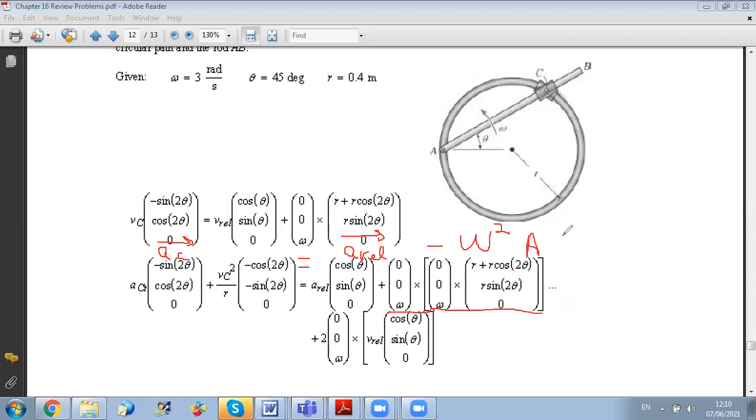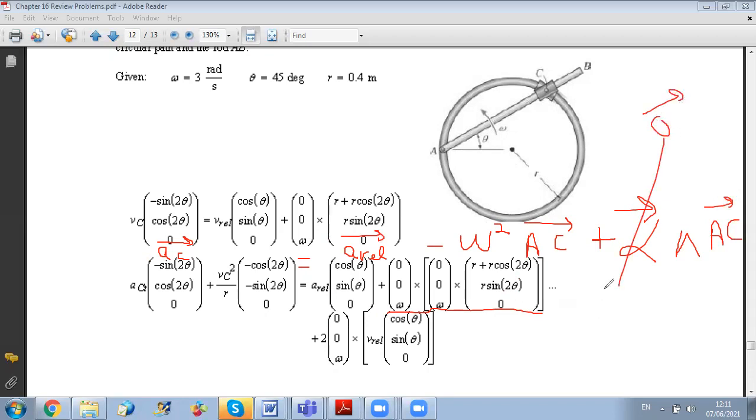It will give you the same result. Okay? And you have also plus here, they didn't put all the terms. I will put them for you. They plus alpha vectorial AC. But here in our case, okay, alpha vectorial AC is 0. Why? Because the rod is rotating at constant velocity. That means alpha is 0.